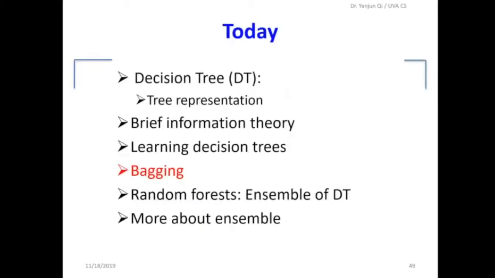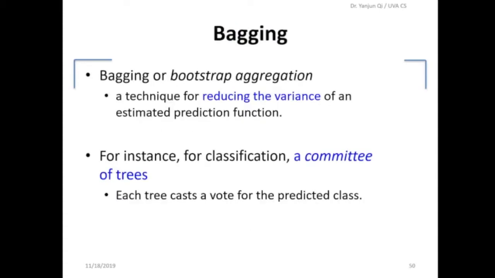So the simplest strategy to remove the high variance of a high variance model is something called bagging. Bagging relies on bootstrap. I hope you already learned it in your introductory statistics class. Bootstrap in the end is just sampling, right? You sample from a set of training examples, in our case, and use each sample to train a tree.